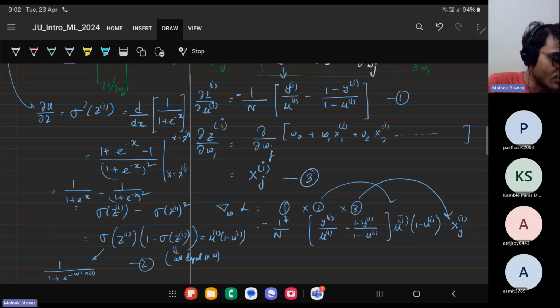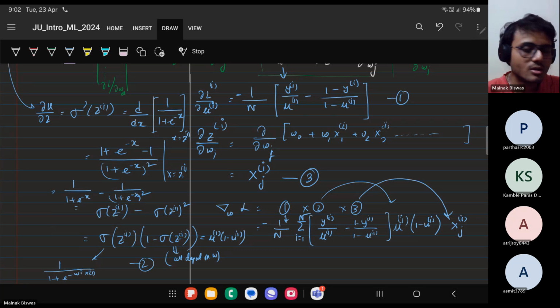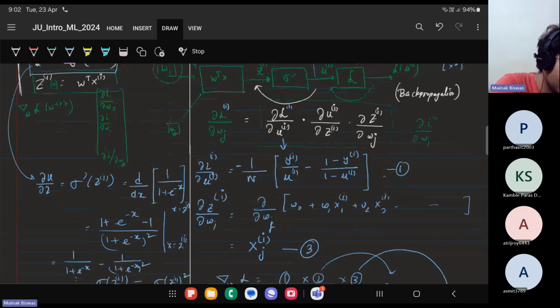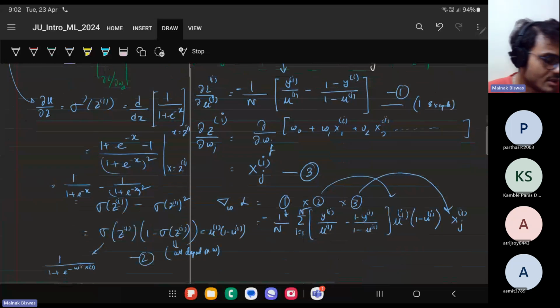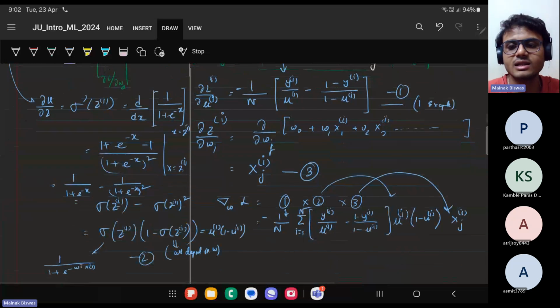Clear? So what will it be summed over? All the training examples, yes or no? Derivative is linear, so you can sum over all the training examples. This is for one training example, and for n training examples it will be summed over n. Is this clear?